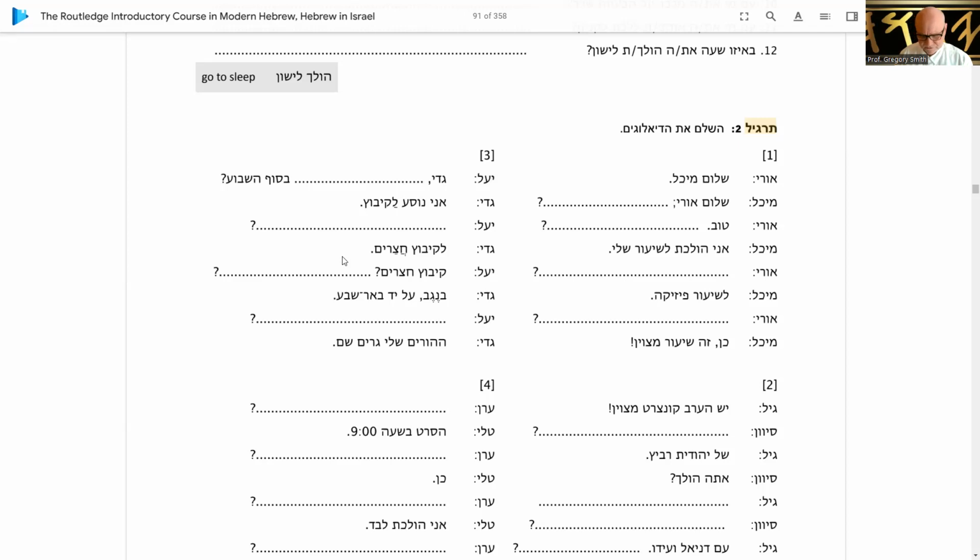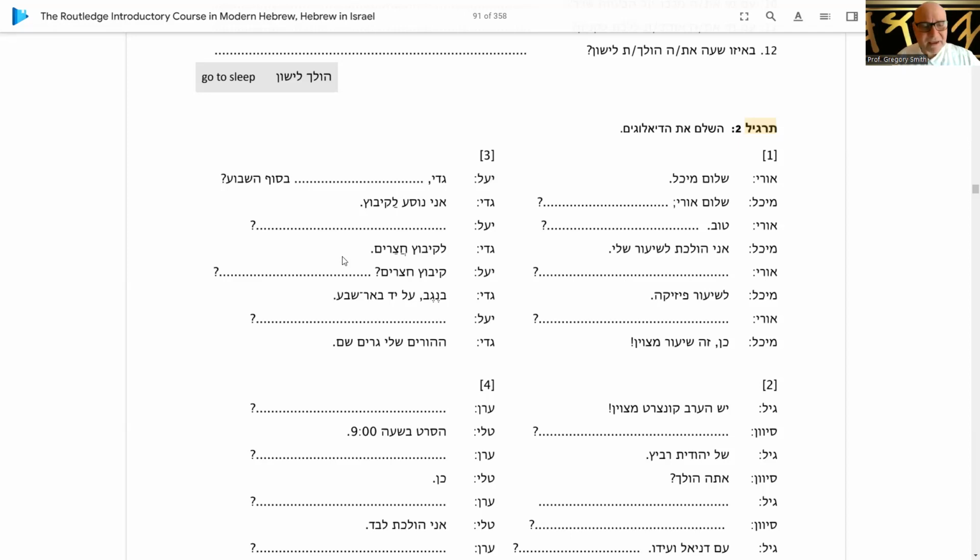Which kibbutz at holeka? I've just got, which kibbutz do you go to? But I would rather it say which kibbutz is it going to, or are you going to?